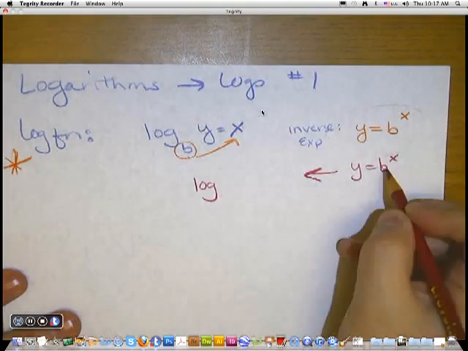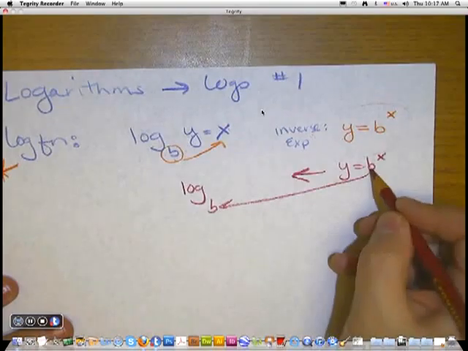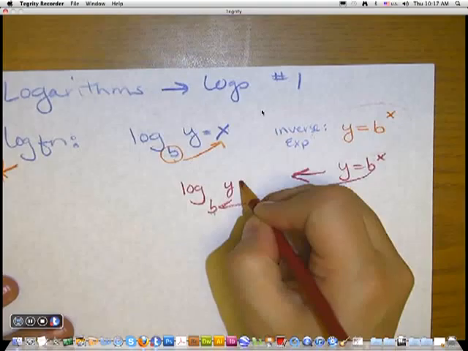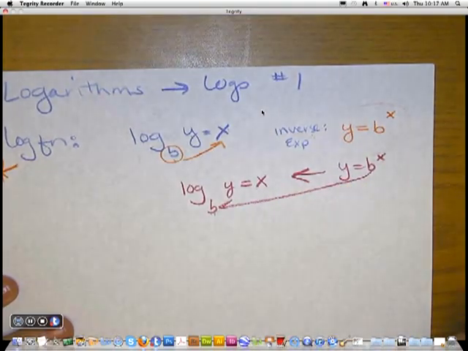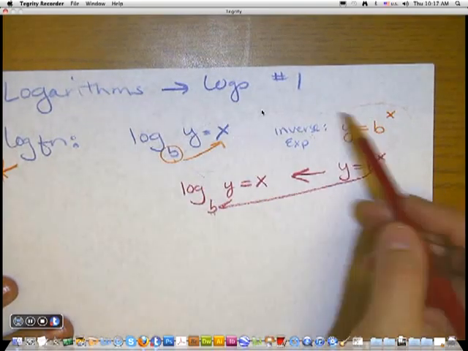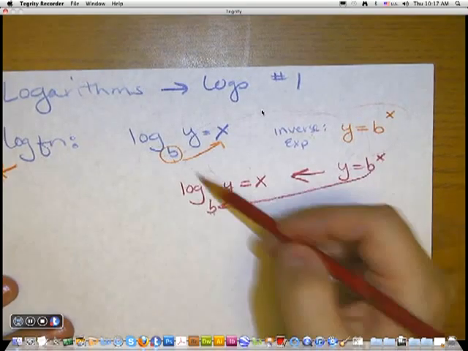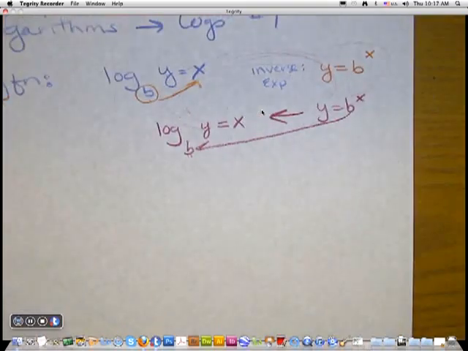The base of the log is the base of the exponent. This left side stays, and then the exponent drops down. So you need to be able to go in both directions, changing log to exponents, exponents to logs. It's a very highly key component to all of the things we do with logs. Solving them, simplifying them, changing them, everything.